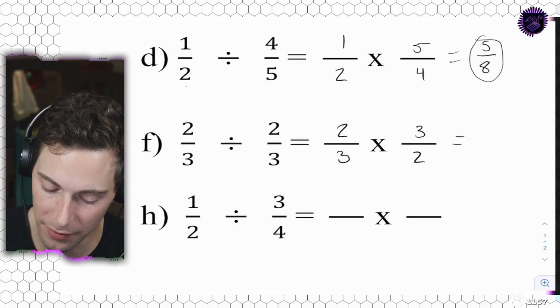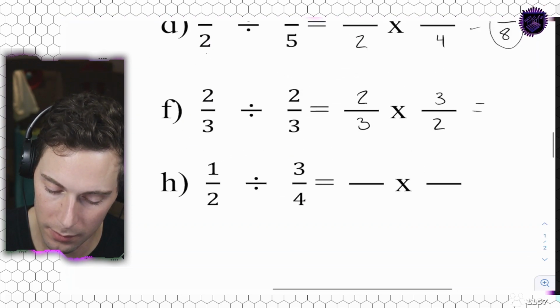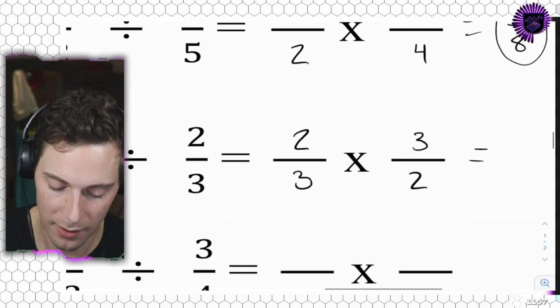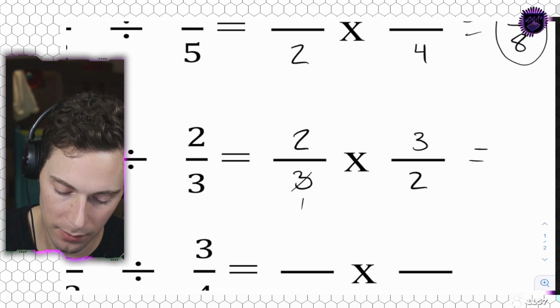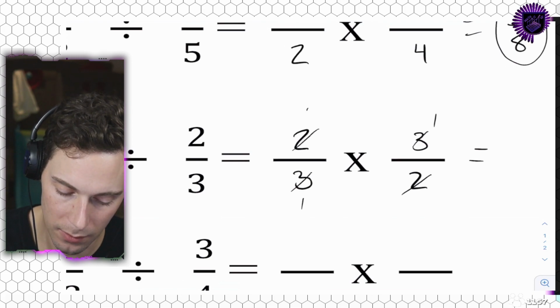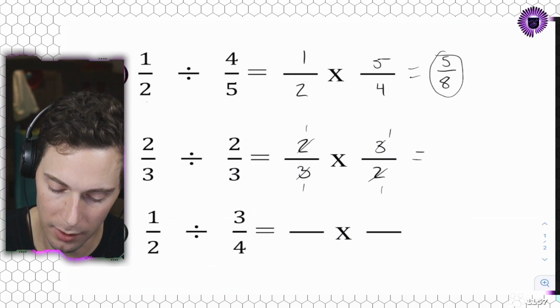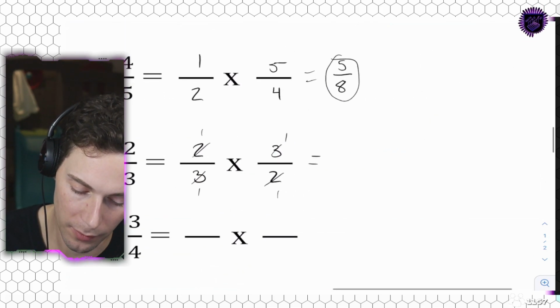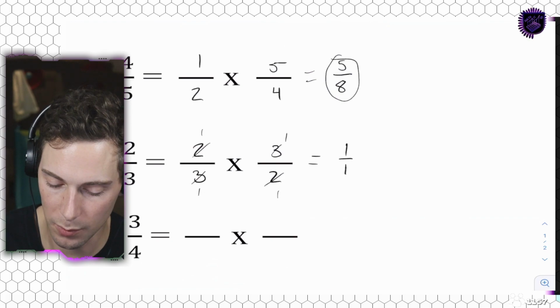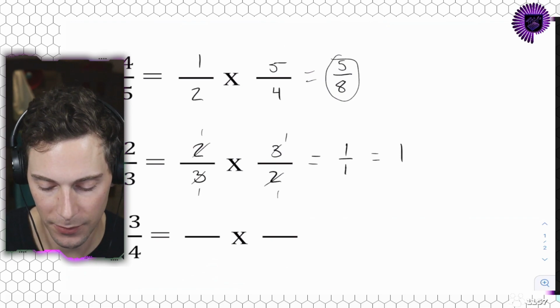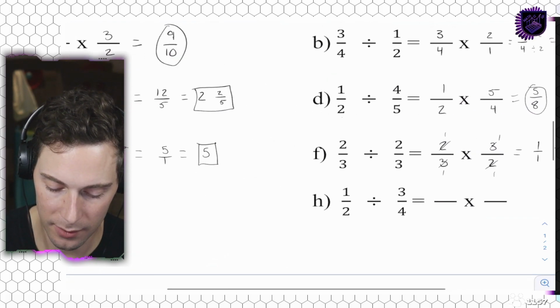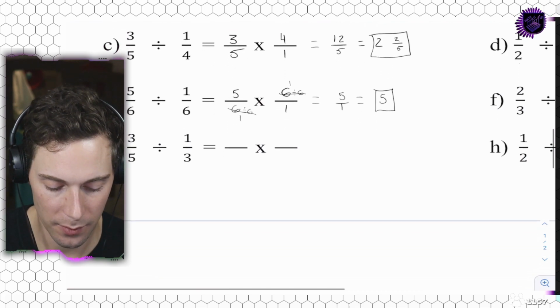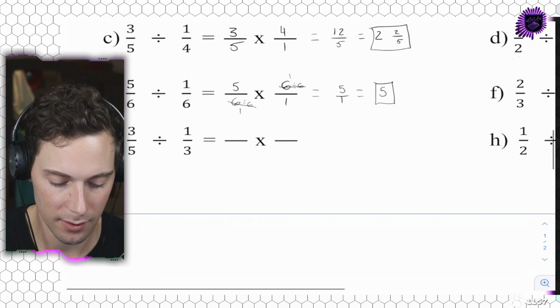But you can simplify. Whoa. Cancel these two. They both become 1. And you can cancel these two. And they both become 1. And then 1 times 1 over 1 times 1 will be 1, which equals 1. Amazing. Great practice there.